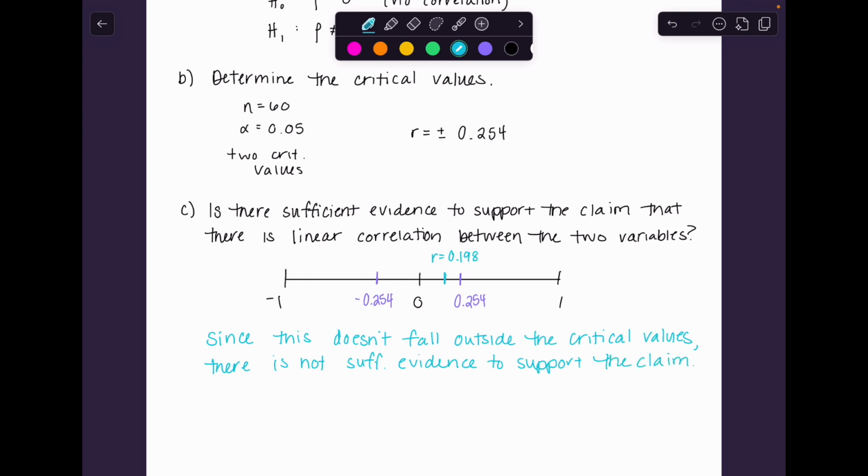So it is likely there is no linear correlation between these two. Okay.